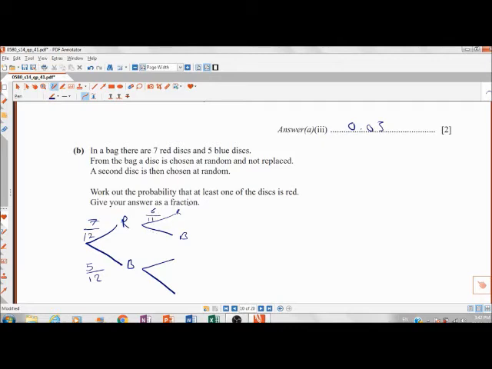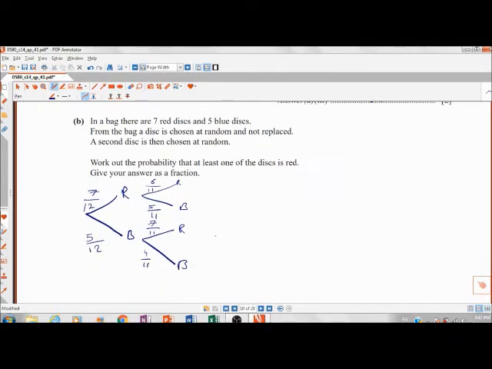So say in the second pick you got red, you minus 1 from red as well, so 6 over 11. And from here it's 5 over 11. And here the same thing. From the blue, 7 over 11. This time, we take from the blue, so it's going to be 4 over 11. Alright, we're done drawing the tree diagram.